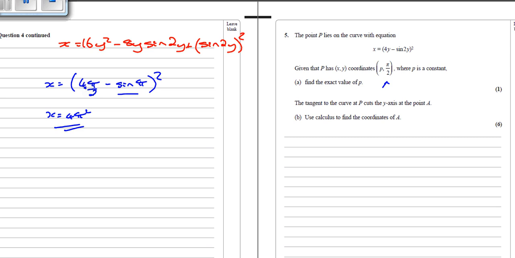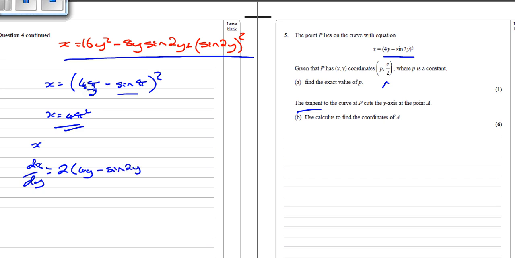The tangent to the curve at P cuts the y-axis at A. So the tangent, therefore we need to work out what the tangent is. So we need to know what the gradient is. So if we've got x here, we can do dx by dy. If we differentiate this using the chain rule, that's going to be 2 lots of 4y minus sine 2y.